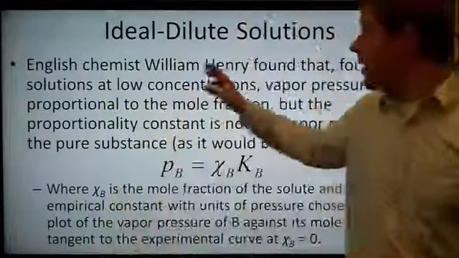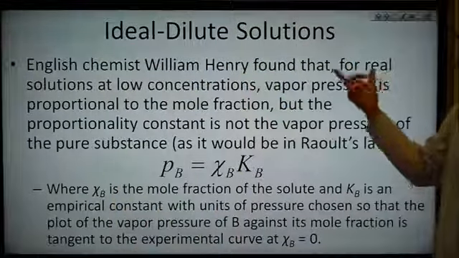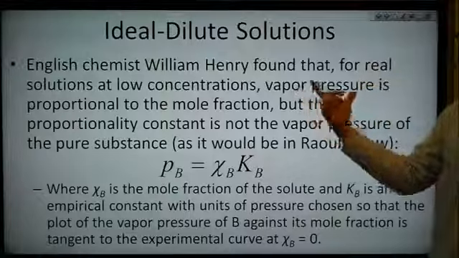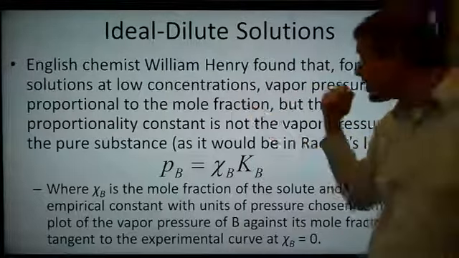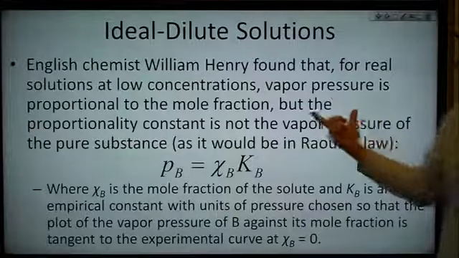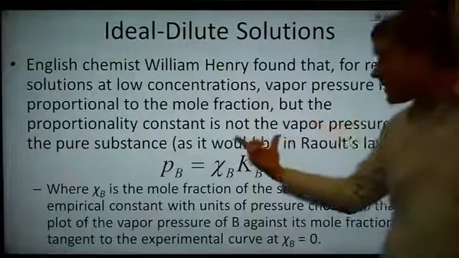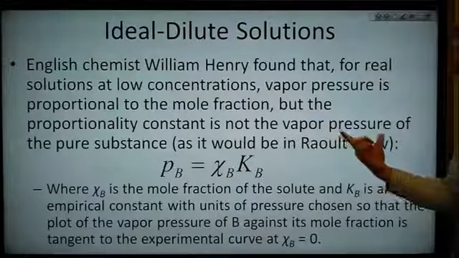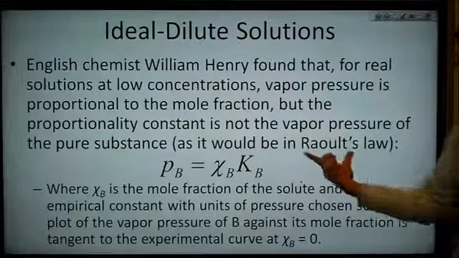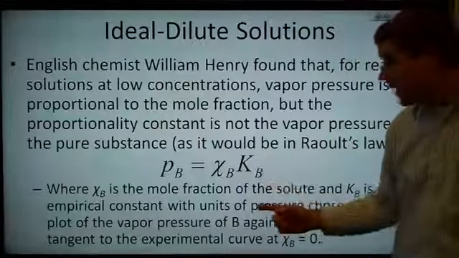English chemist William Henry was the first to find that for real solutions at low concentrations, so ideal dilute solutions, vapor pressure is proportional to the mole fraction, but the proportionality constant is not the vapor pressure of the pure substance as it would be for Raoult's law.